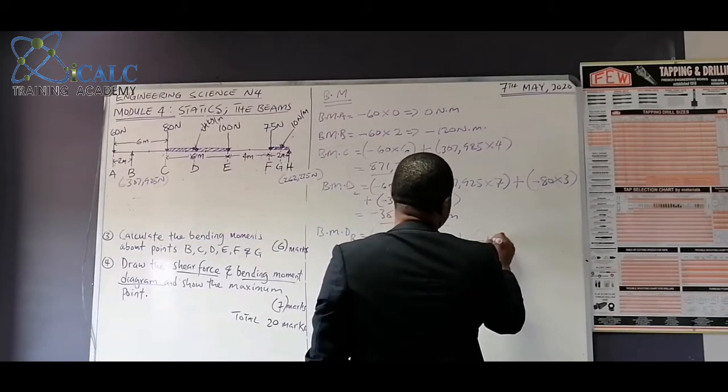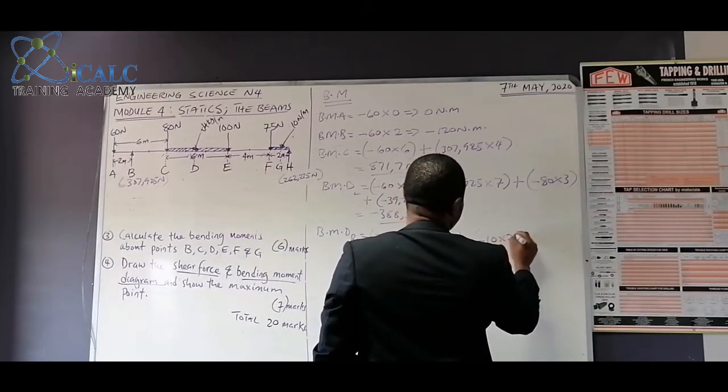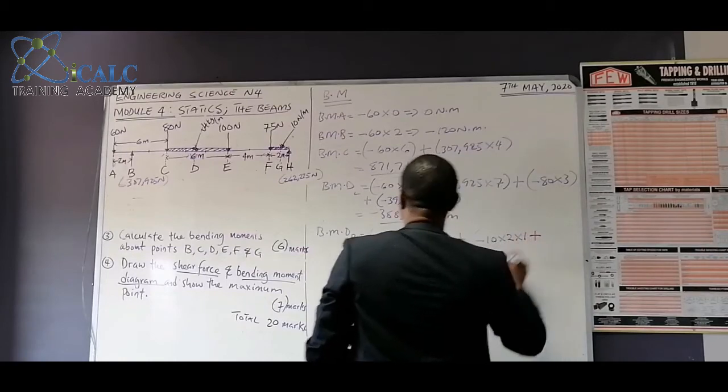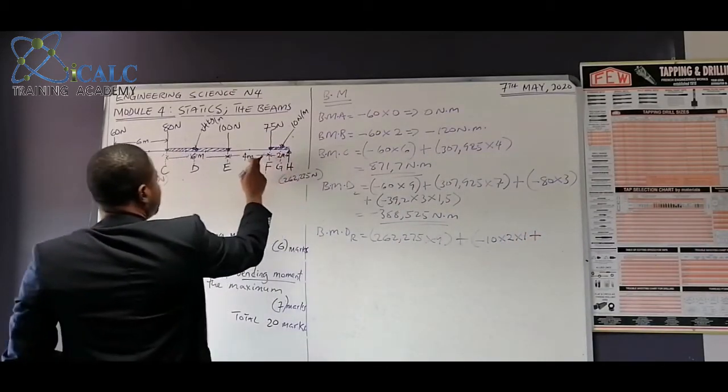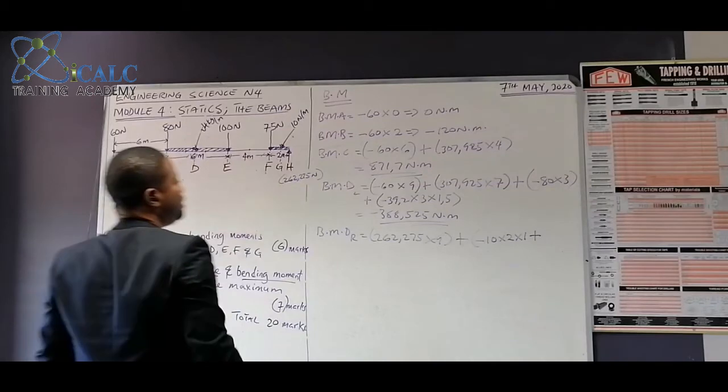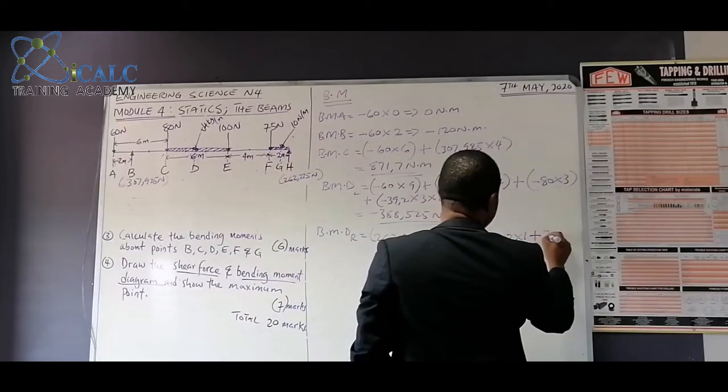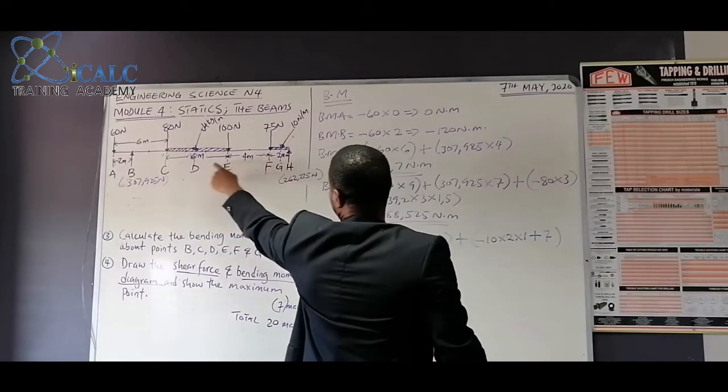So we will say minus 10 multiplied by 2 multiplied by 1 plus, from here to here will be 7. 4 plus 3.